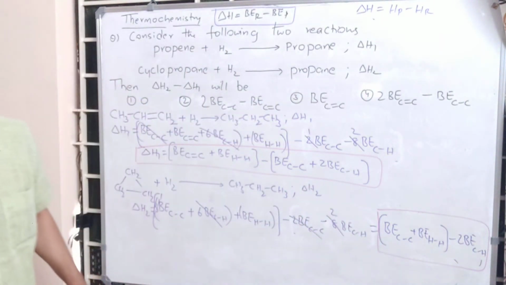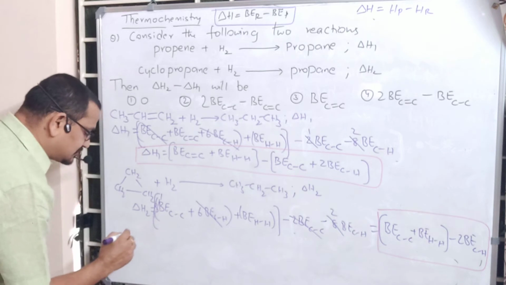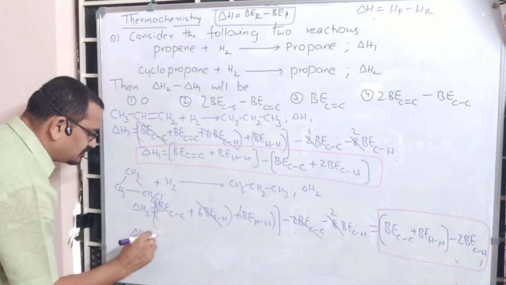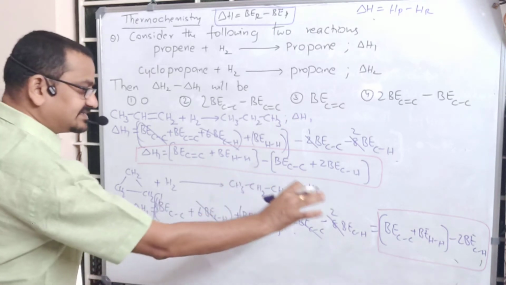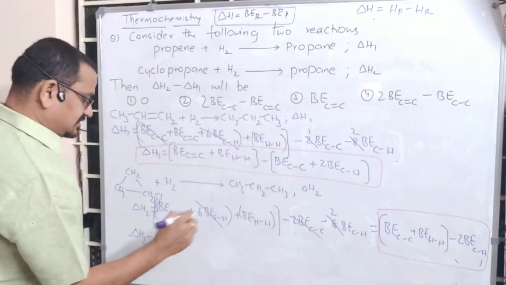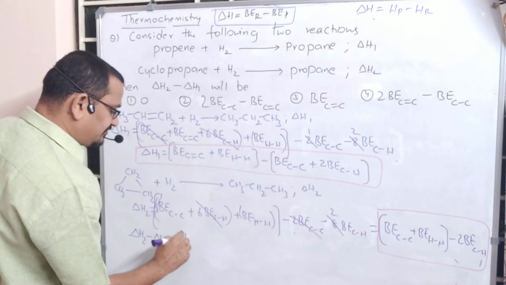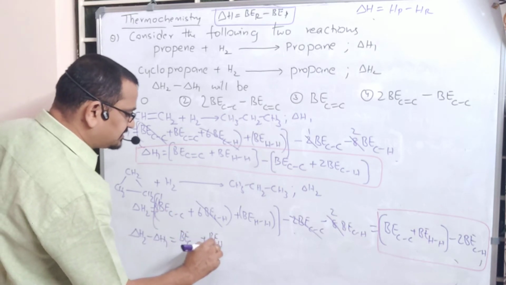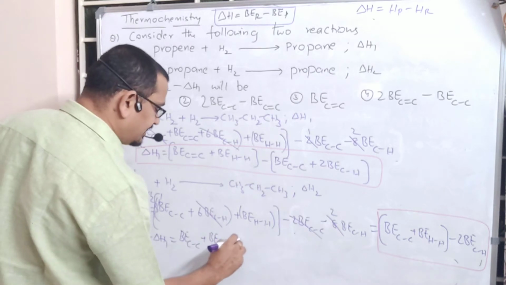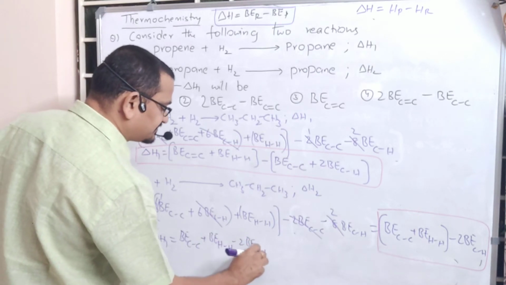Now what are we asked to calculate? We are asked to calculate delta H2 minus delta H1, which means this expression minus this expression. So it is bond enthalpy of C-C single bond plus bond enthalpy of H-H single bond minus 2 times bond enthalpy of C-H.